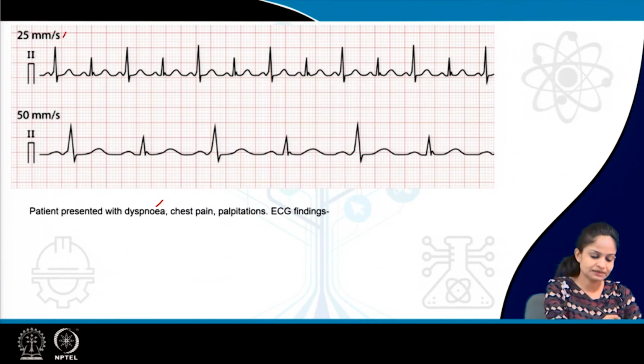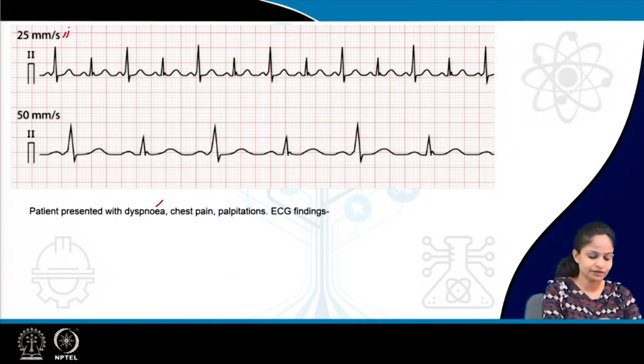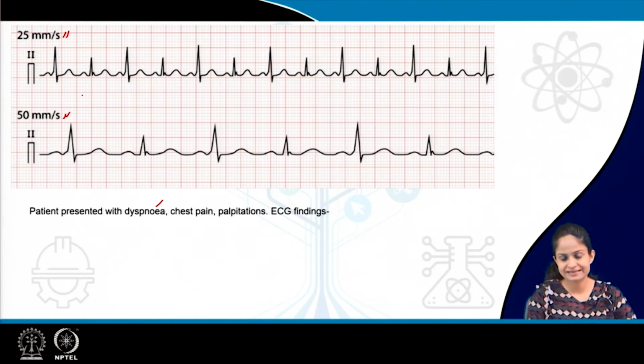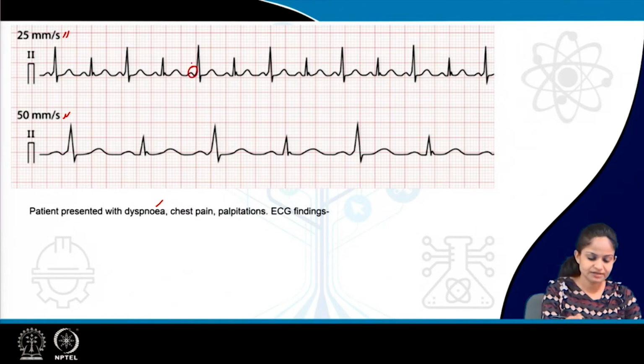Now, the ECG paper is usually rolled at the speed of 25 millimeter per second. For better accuracy, 50 millimeter per second speed is taken. So, here we can see there is hardly any PR interval. If we see, this is the P wave, this is the P wave.